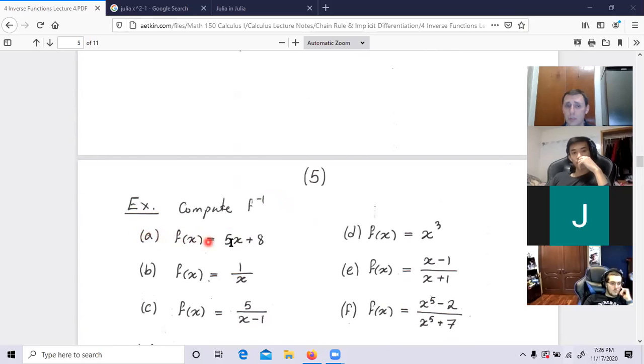Now, let's see how good you are at calculating inverses. Very quickly, calculate inverse for A. Come on, guys. Very fast.